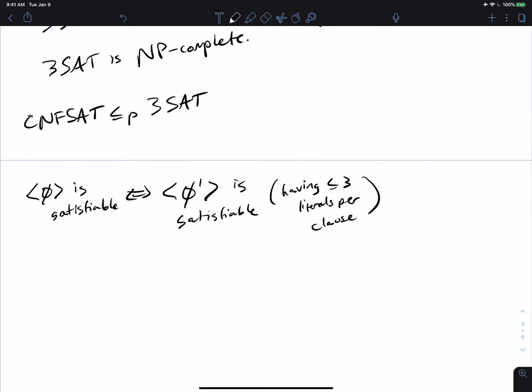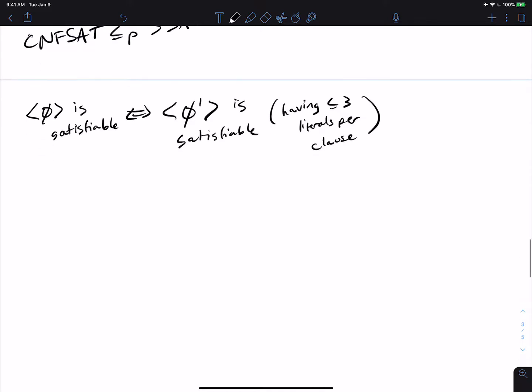And what do we do? Well, if some clause in the original formula has 3 or fewer literals, then we don't really care. But let's suppose that we have some number of literals, which is bigger than 3. So like x1 or x2 or x3 or x4 or up to xn.